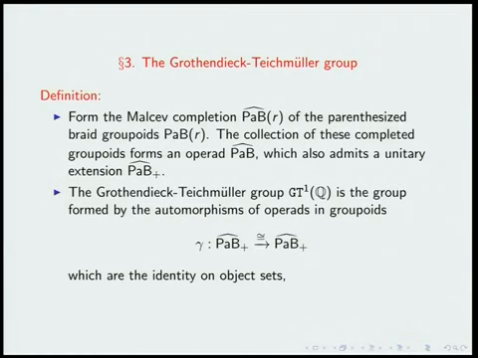So remember the object sets of PAB form the magma operad. Now also considering a group with a 1 superscript, which says that I'm considering a group of automorphisms that fix the braiding too. Okay. And so I claim that this is equivalent to the other definitions.